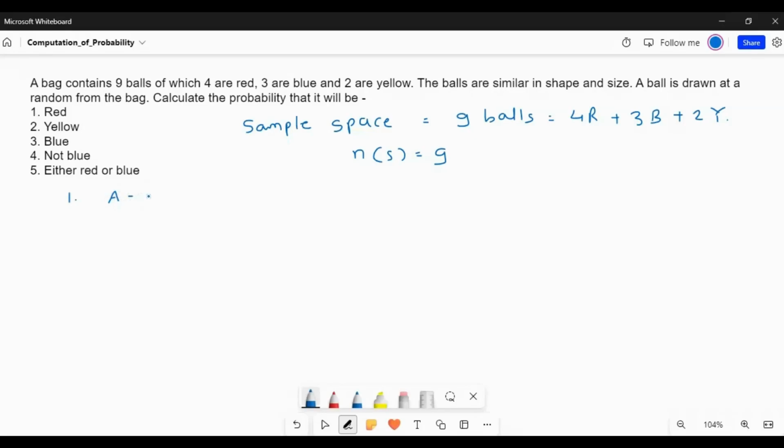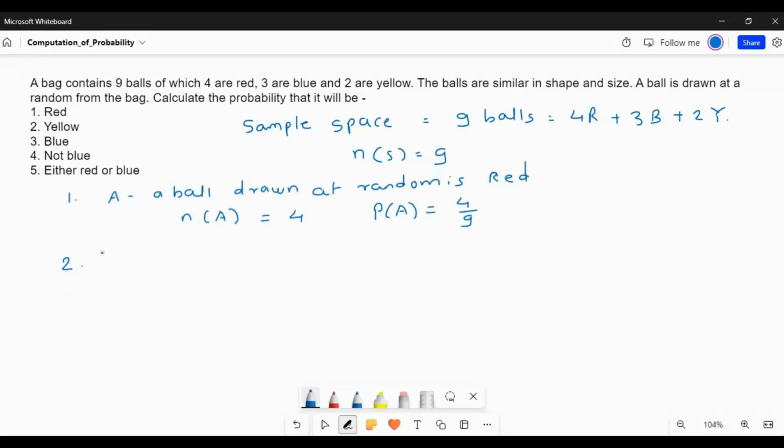A is the event that a ball drawn at random is red. How many red balls are there? There are 4 reds, so n of A, the number of favorable outcomes of A, is 4. So my probability of A is equal to 4 by 9.